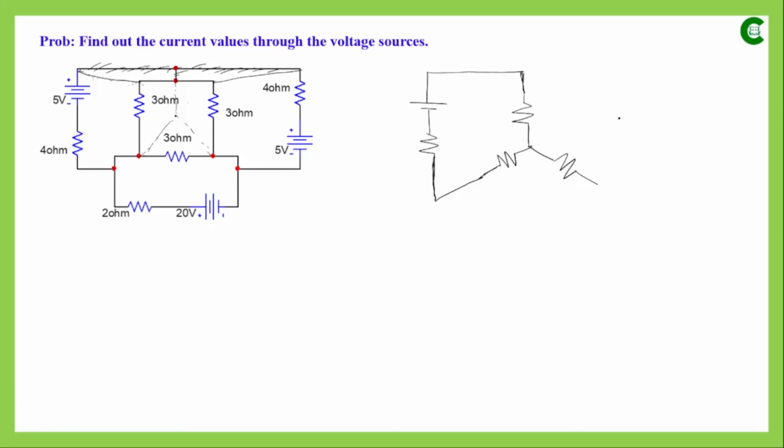Then on the other side we also have one branch where we have a resistor, then a voltage source, and this is the polarity. This point and this point are basically the same point, so we can connect them.